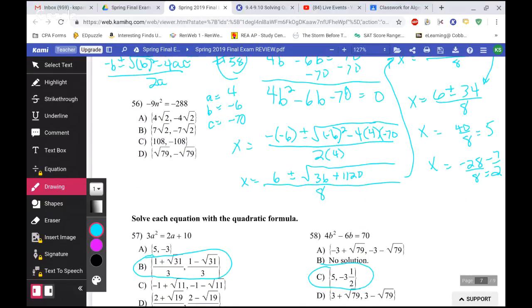Okay, but do we have to make it into a mixed number? On this particular one, on number 58, in order to identify the answer, yes. But if you were just doing something for Miss Sparks and it was a short answer test or quiz, I much prefer improper fractions as opposed to mixed numbers.